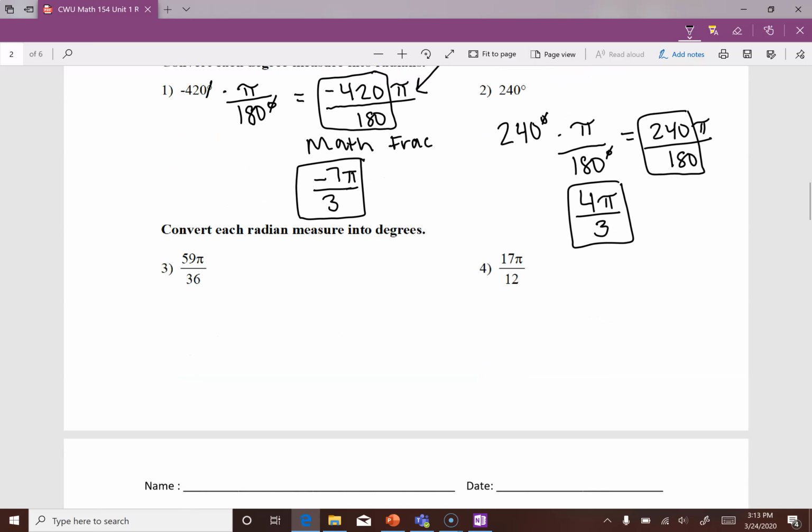All right, next one here, we're going to convert from radians into degrees. So here I need to have my pi in the denominator, and pi and 180 are the same. So here my pi's cancel, and I'm left with 59 times 180 divided by 36.